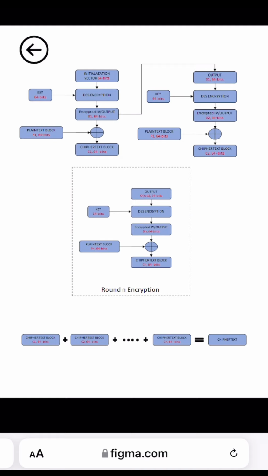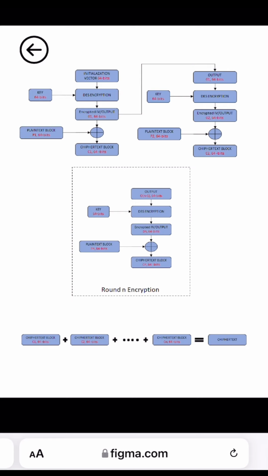The output produced, O1, will be brought forward as the IV of the next round and encrypted again to produce the output O2, and the second output will again be XORed with the second plaintext block P2, and we get our second ciphertext block C2.